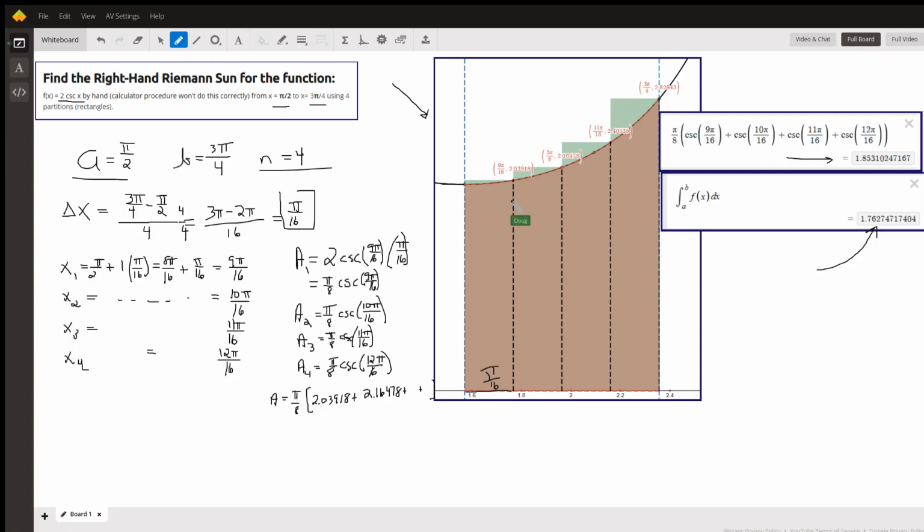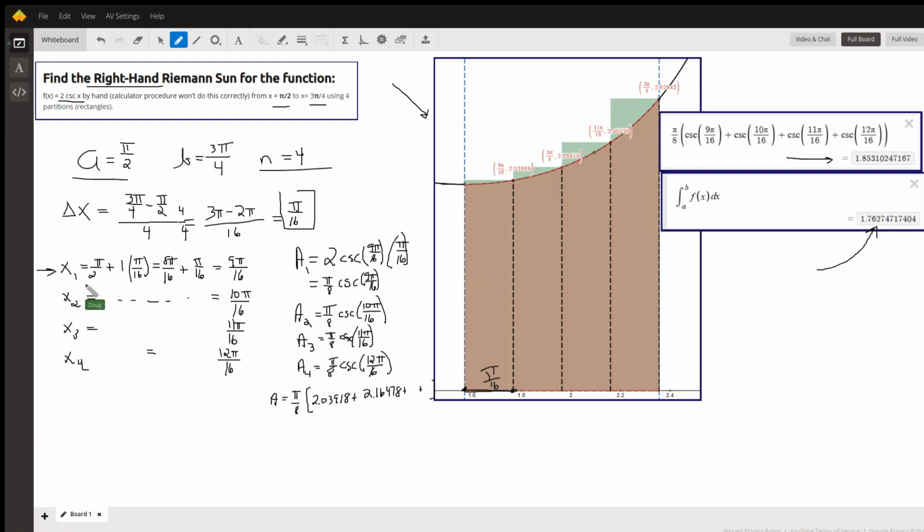Now we're supposed to use right-hand endpoints, a right-hand Riemann sum. So that means we start at a and add on 1 width to get to the right-hand endpoint. So that's what this is, x sub 1.